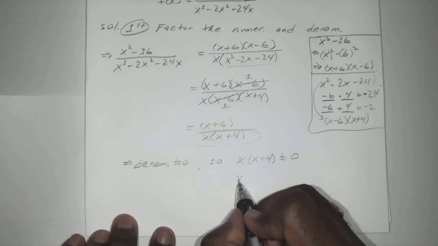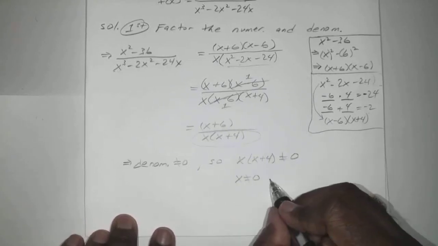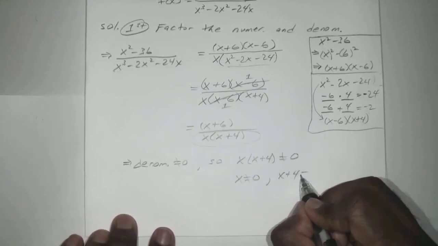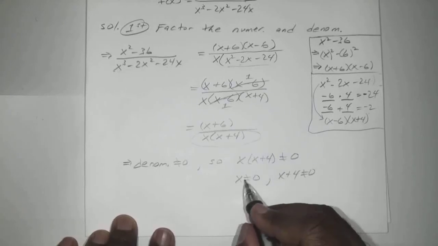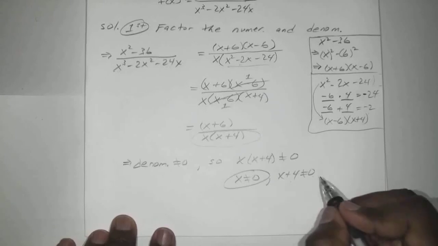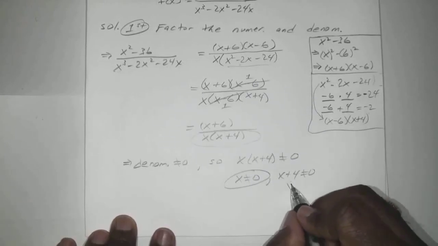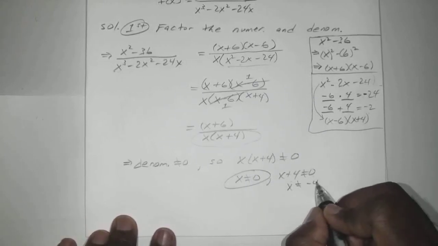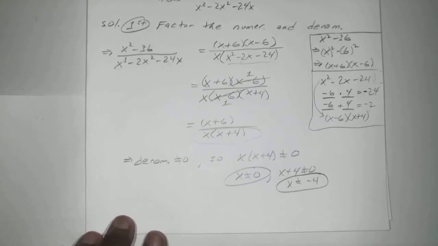We know that x can equal 0 and x plus 4 can equal 0. That first one's already solved. Subtracting 4 from both sides, x can equal negative 4. So 0 and negative 4 are your two vertical asymptotes.